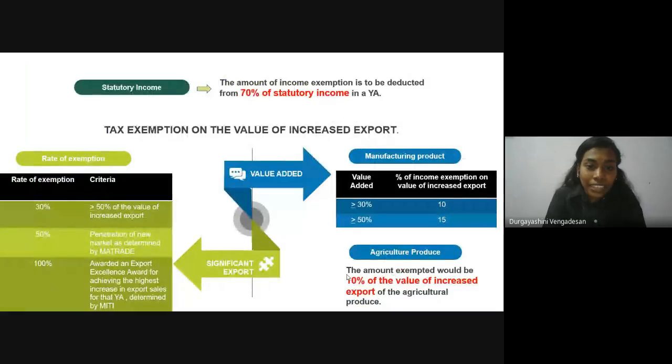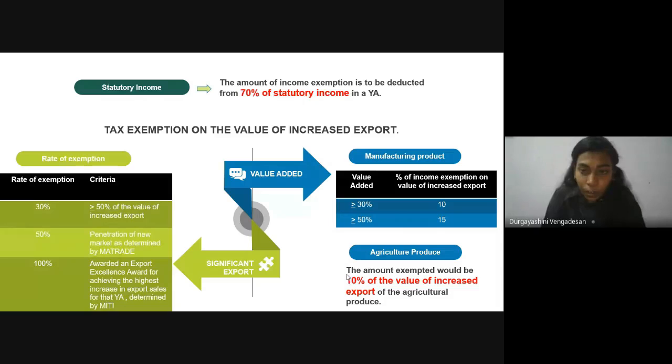Okay. Next, this is the important thing in this topic, tax exemption on the value of increased export. For the value added, we will be looking into three main things, which is manufacturing product, agriculture produce, and also the statutory income.